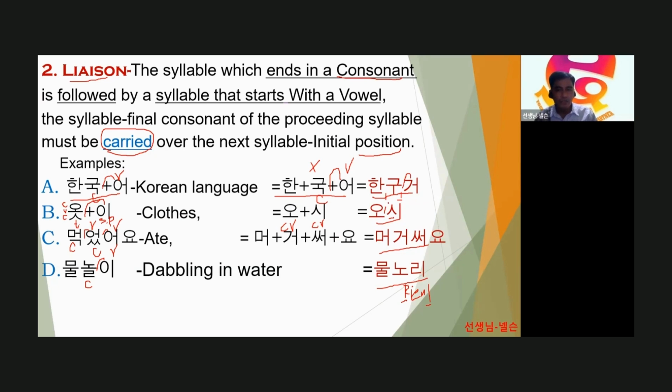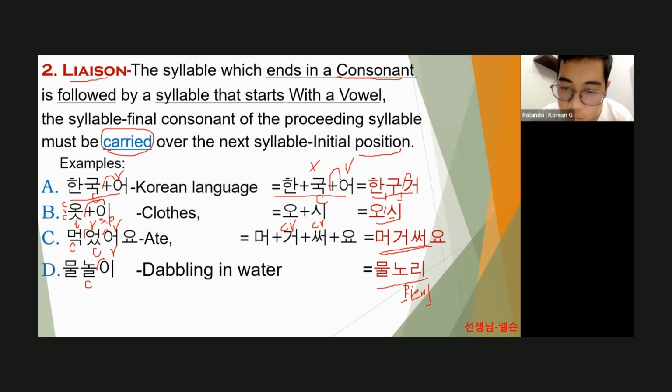Oshi, instead of ot-i. Then letter C, eat, the past tense of eat. Instead of mok, ot, oyo, the correct pronunciation is mogo soyo. Mogo soyo.